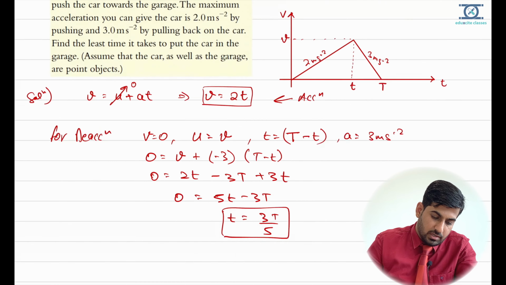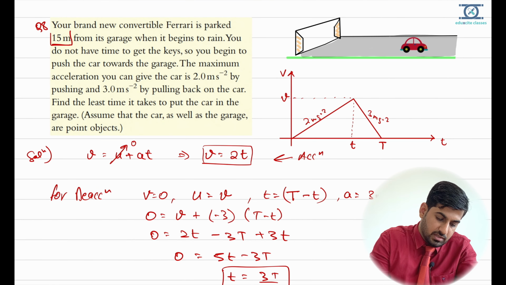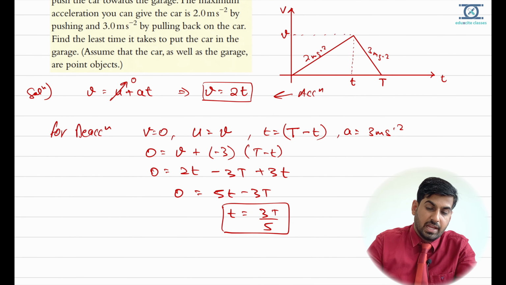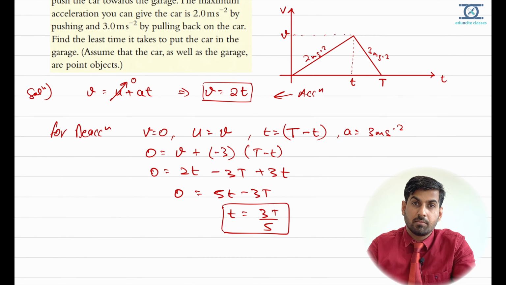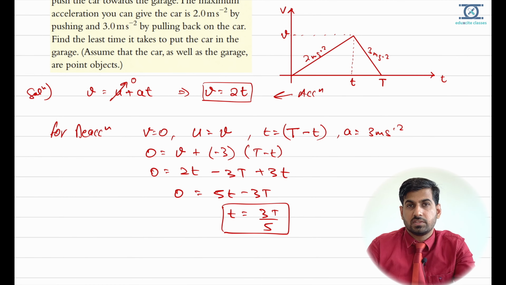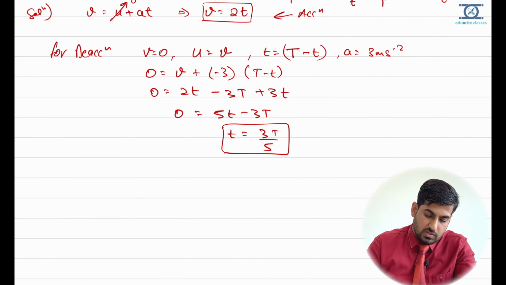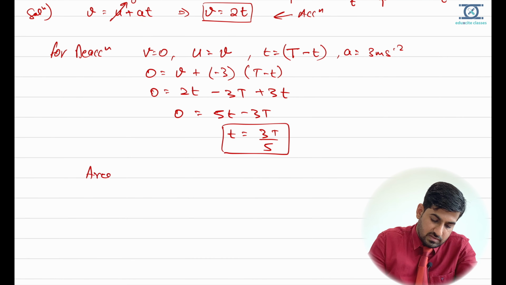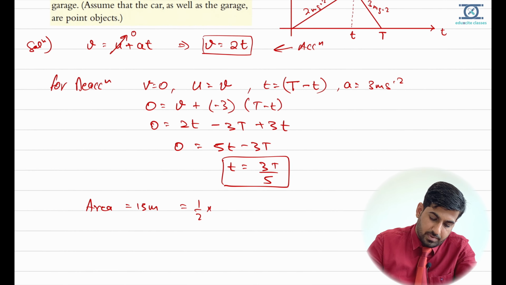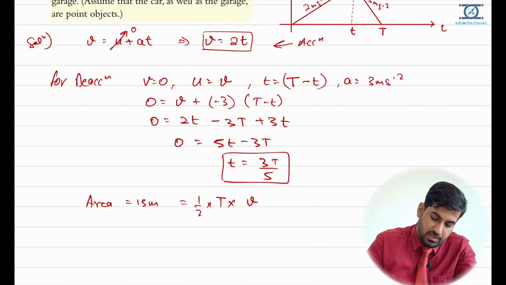Also, one important piece of information given is that 15 meter is the total displacement, and the area under the velocity versus time graph is positive, so distance and displacement are the same. So if the area is 15 meter and the area is half base into height, base is capital T and height is v.